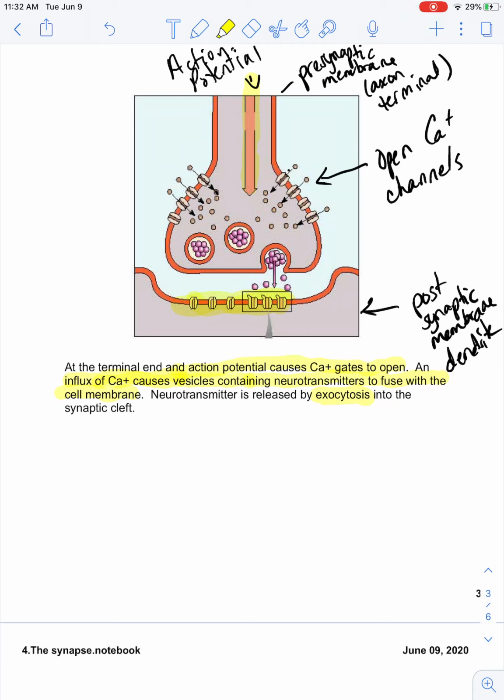Okay? And so when the neurotransmitter binds to those channels, what do you think it's going to do? What action do you think is going to happen? So if you were thinking, well, it's got to open sodium channels because we need an action potential in the next neuron, you're correct. It has to open sodium channels.